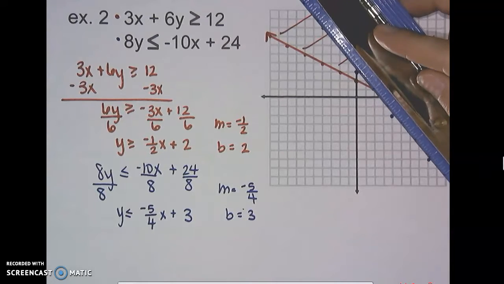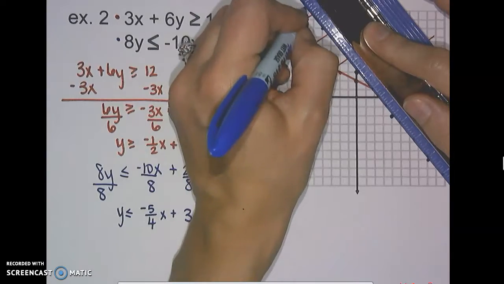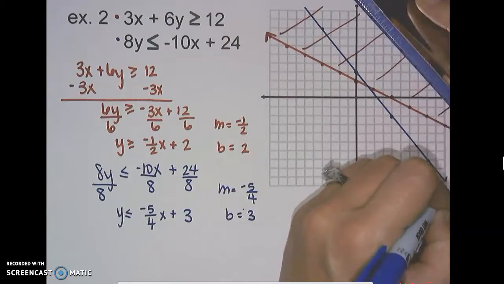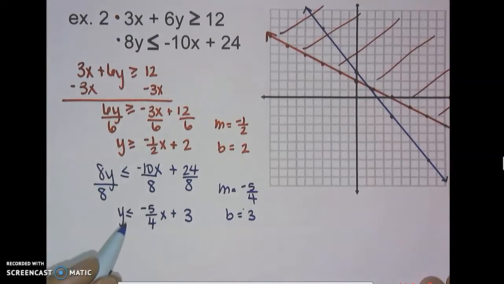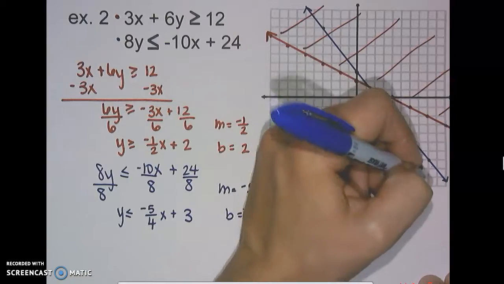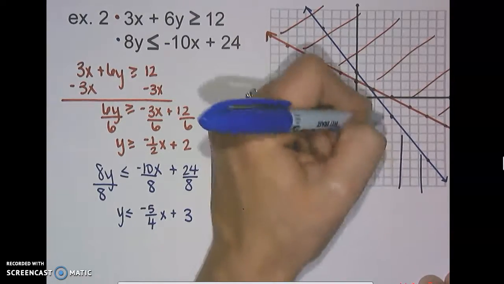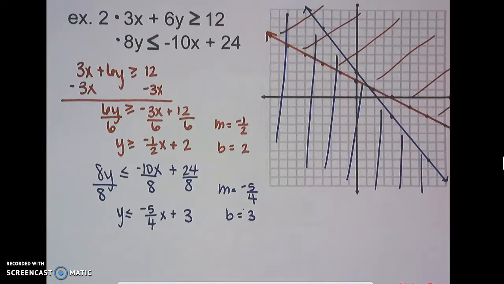So it is going to be solid. And here we want y to be less than or equal, so we're going to shade below this line. Let's see here. Kind of shade this way so you can see the difference with them. Alright, so we've shaded below that line.